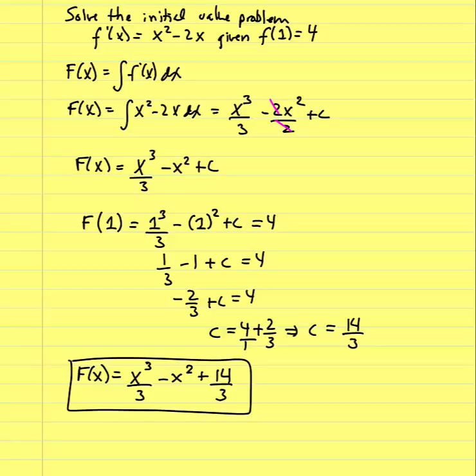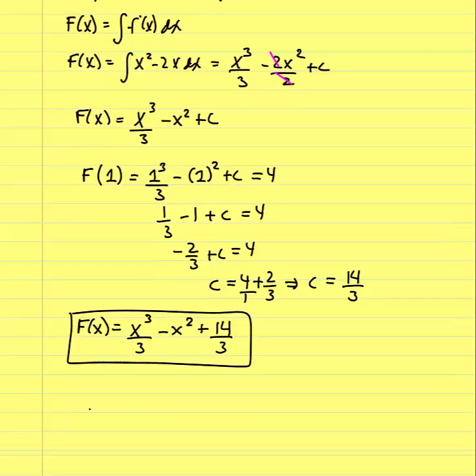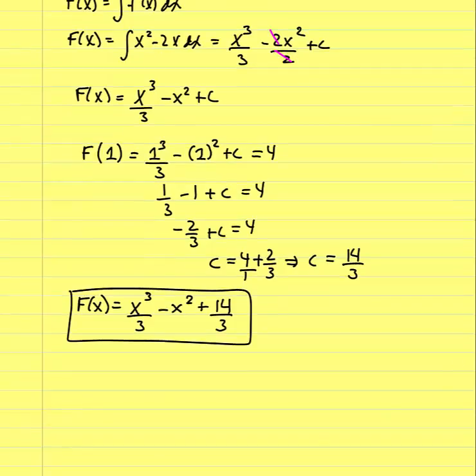Now let's get to a problem where we're working with position, velocity, and acceleration. So for this one, let's talk about a particle moving. A particle is located at the origin at time 0.